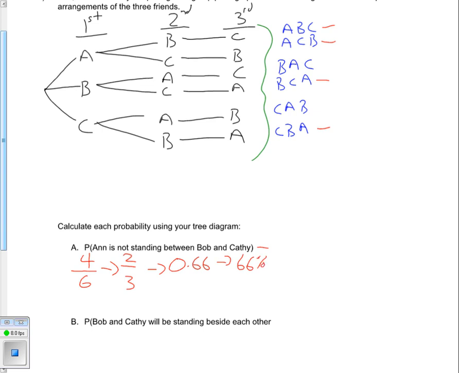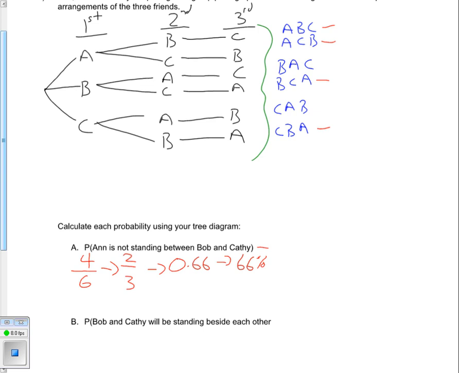Let's take a look here at question B. What's the probability of Bob and Kathy standing beside each other? The probability of Kathy and Bob standing beside each other is actually the same.